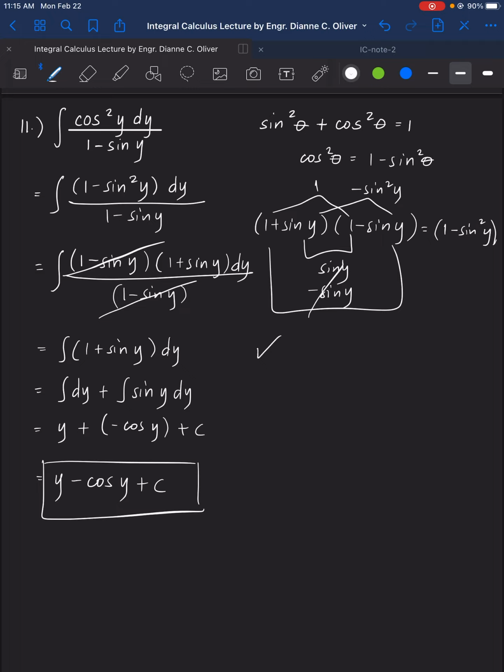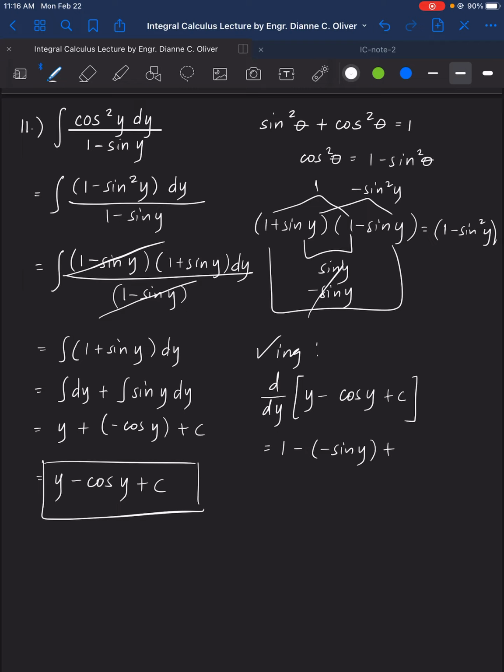Now for checking by differentiation, let's see if what we did is correct. The y minus cosine y plus c is equal to, derivative of y is 1 minus derivative of cosine y, which is negative sine y.